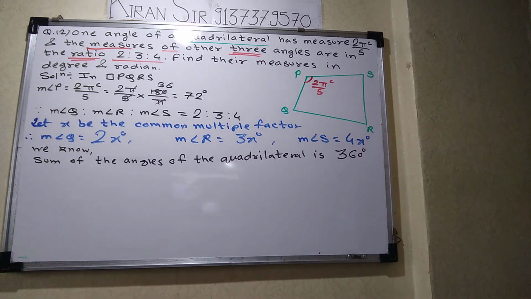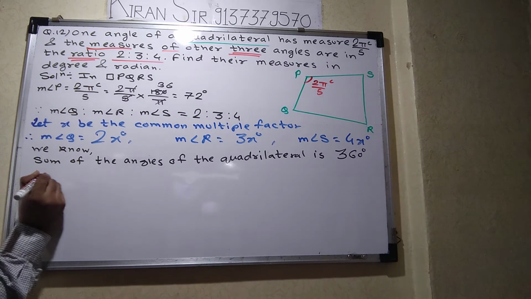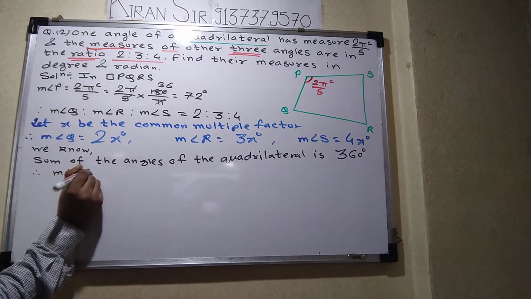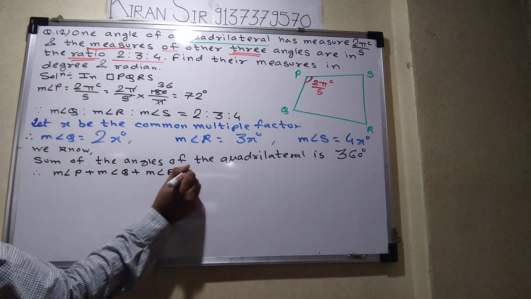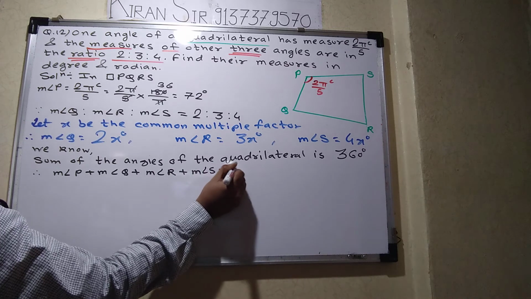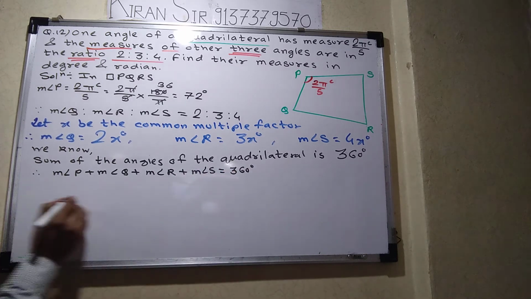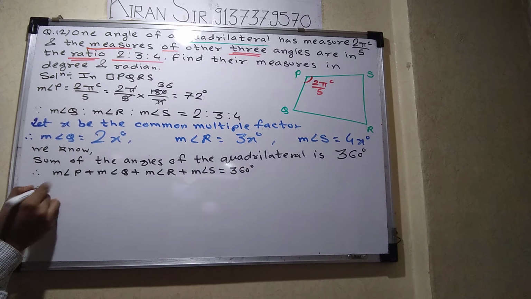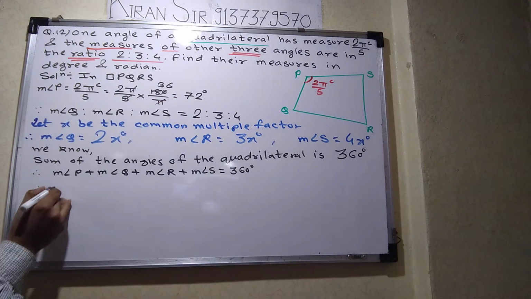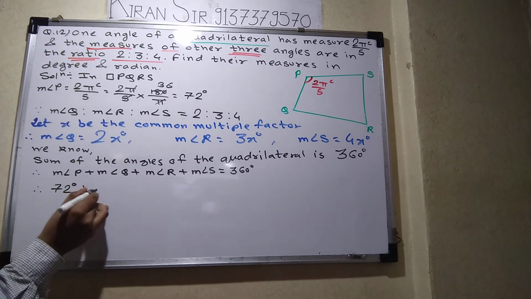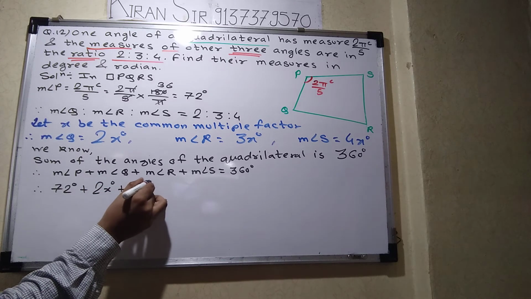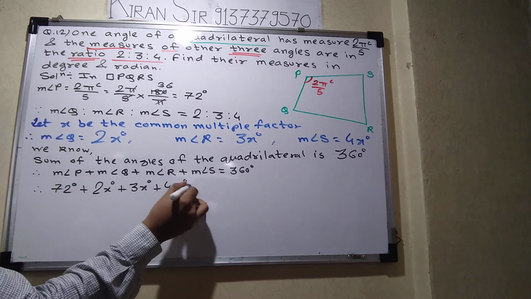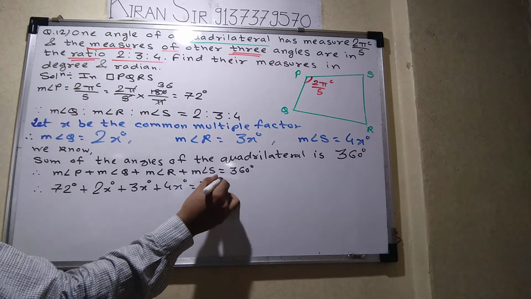Okay. So I will say here, therefore measure of angle P plus measure of angle Q plus measure of angle R plus measure of angle S is equal to how much? 360. Am I right? So let me put the values. Measure of angle P is 72 degrees. Measure of angle Q, 2x degrees plus 3x degrees plus 4x degrees equals 360 degrees.